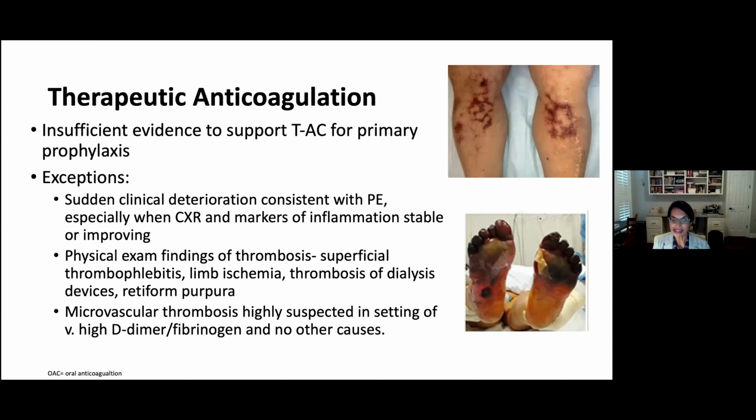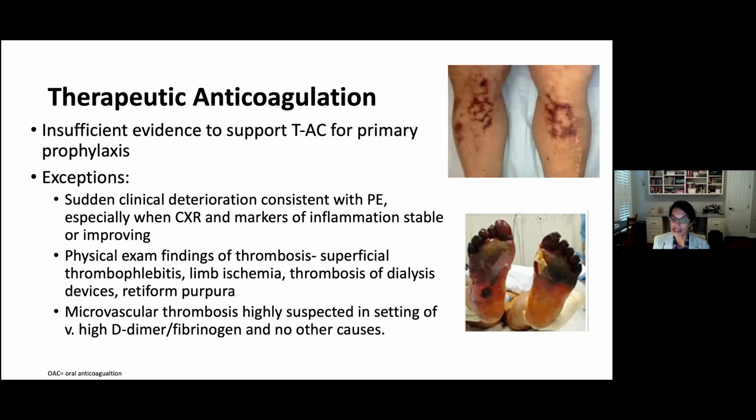However, are there any scenarios where empiric therapeutic anticoagulation might be warranted? One could consider this approach in patients with sudden clinical deterioration with PE, especially when a chest X-ray and markers of inflammation are stable or improving.